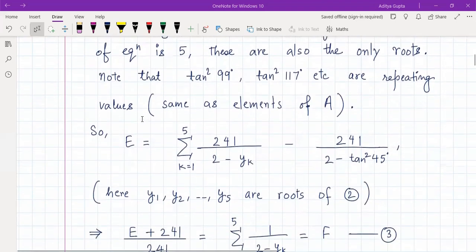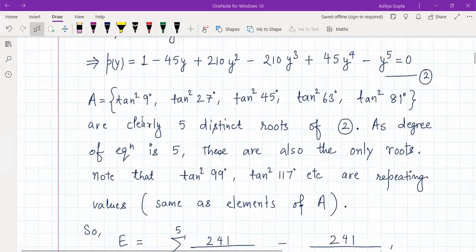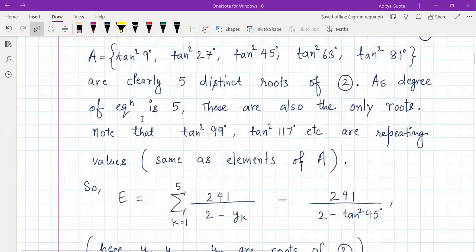Its roots are also known, tan square 9 degree, tan square 27, but we are calling them y1, y2, y3, y4, y5. So basically E is nothing but summation of 241 upon 2 minus y1 plus 241 upon 2 minus y2 plus like that. But why have I at the end subtracted 241 upon 2 minus tan square 45?